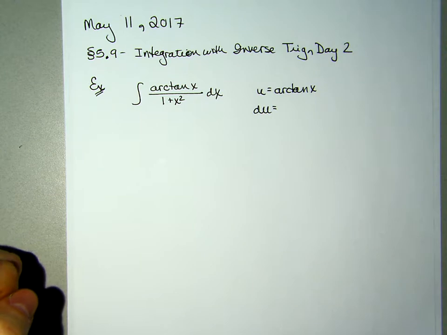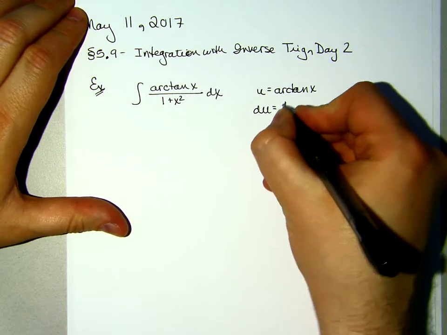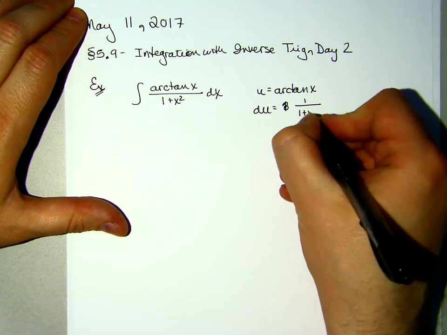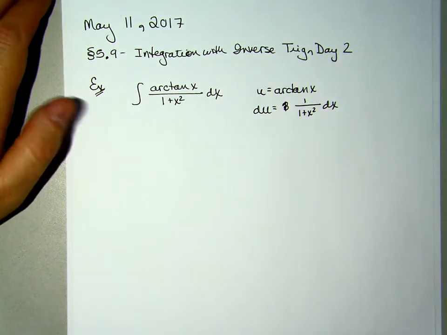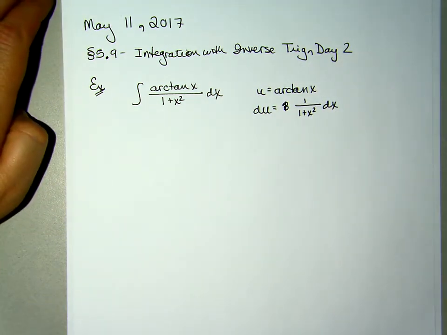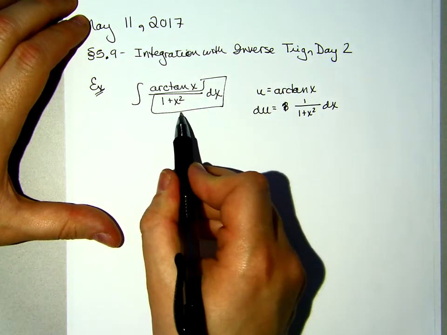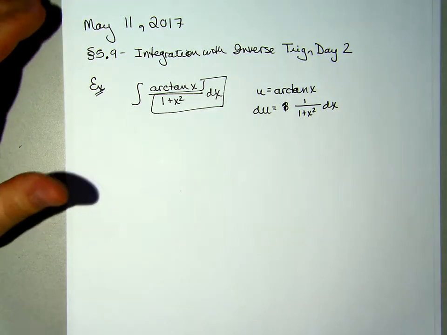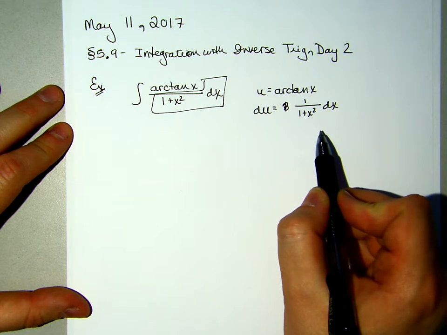I really hope you do, because I think we just took a quiz on that today. You have 1 plus x squared on the bottom, so you have 1 over 1 plus x squared, which is what I want for my du.